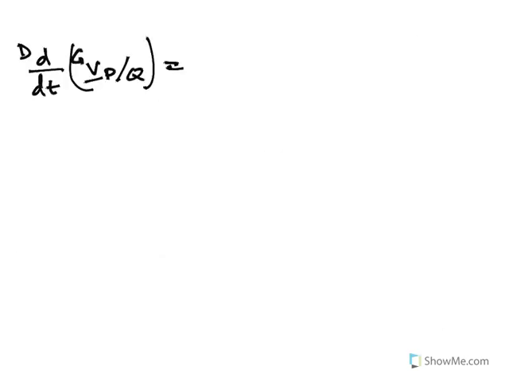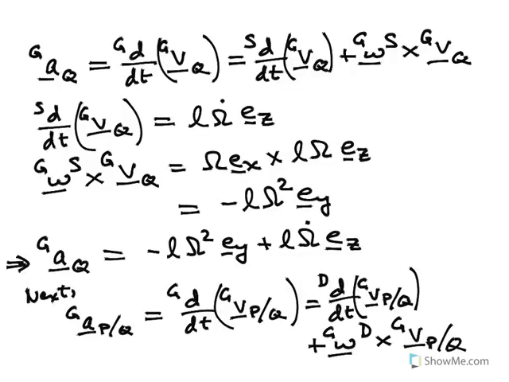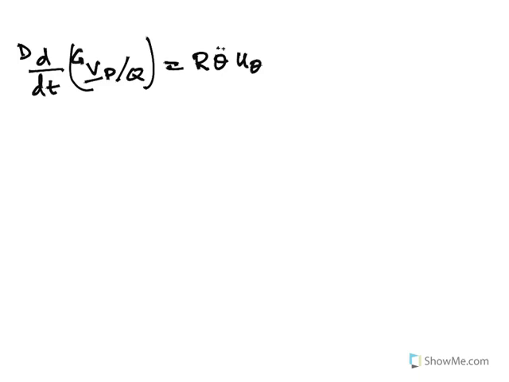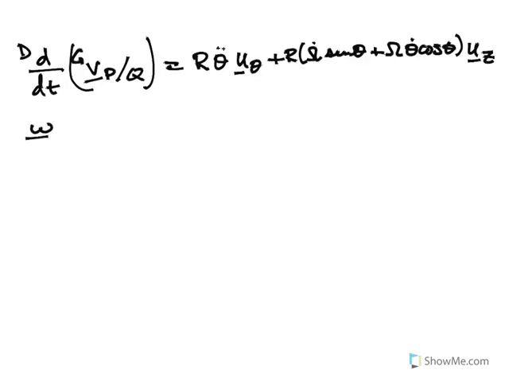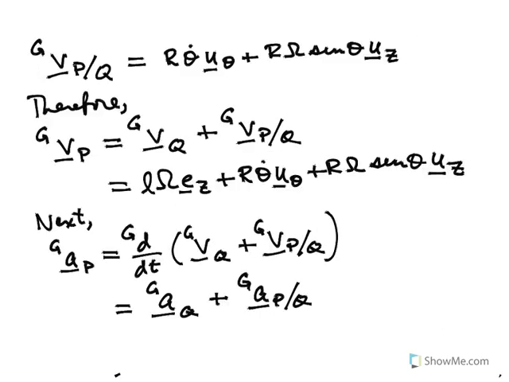So this gives me r theta double dot times u sub theta, and then I get plus r times omega dot sine theta plus omega theta dot cosine theta times uz. And that takes care of that first term in the transport theorem. And then I've got the angular velocity of D in G crossed with the velocity of P relative to Q in G, which is equal to, now let's go back over here and grab this angular velocity.